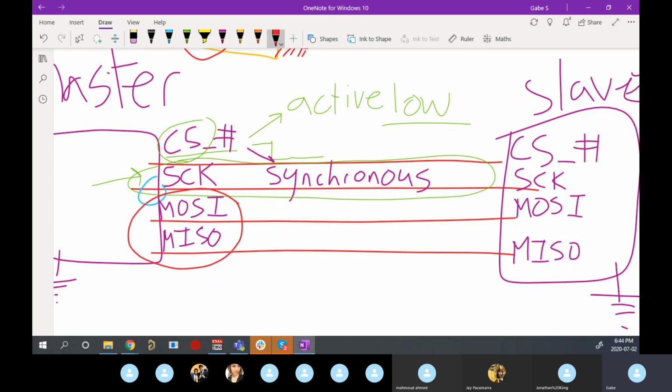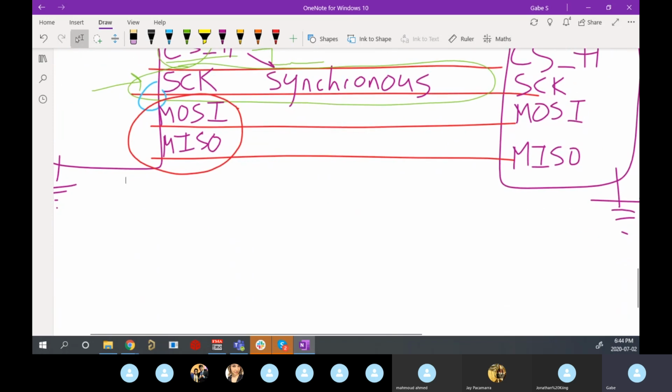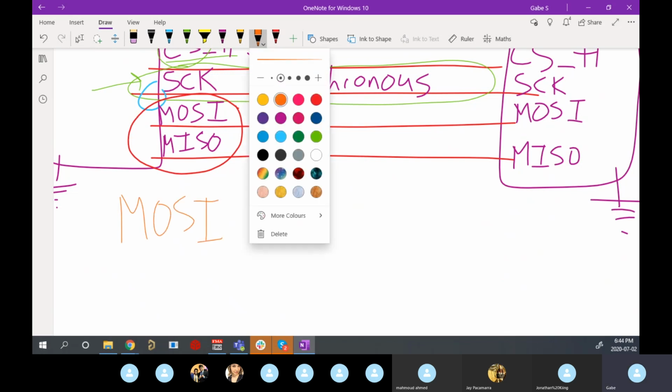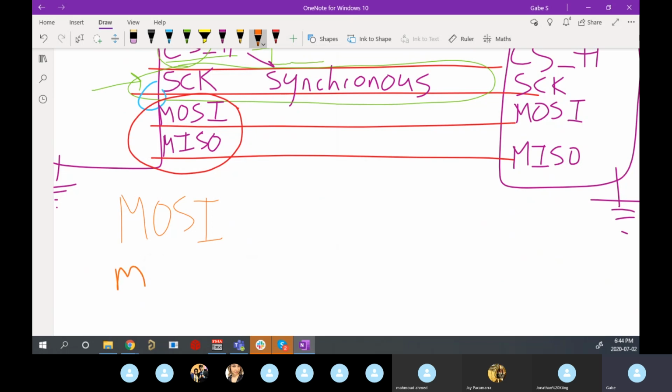They're a lot more descriptive, per se, than RX and TX of a UART communication, especially because RX and TX are a little confusing, because you just say RX, you don't know if it's your master's RX or your slave's RX and who's receiving from who. Those you have to crisscross. But here, all MOSI means is master out.